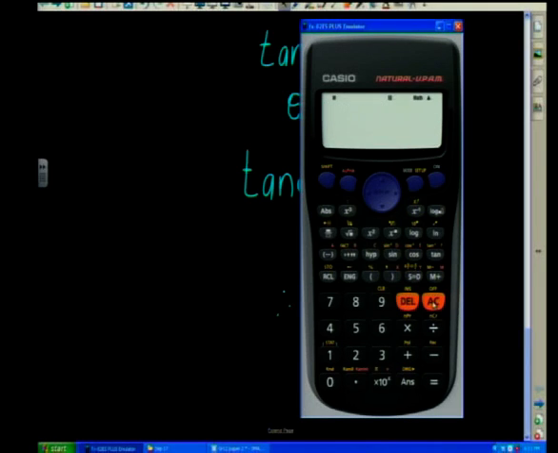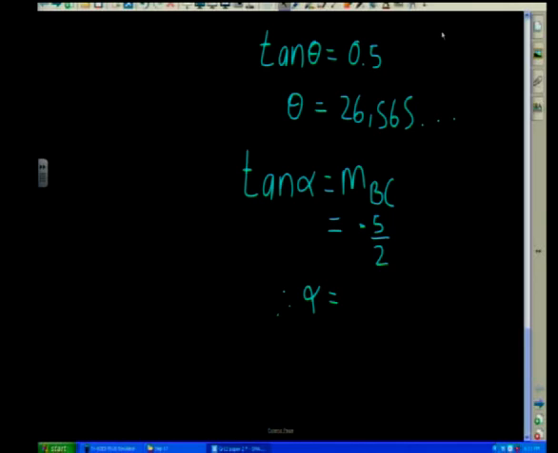Here we're going to go shift once again because we're working out the angle, tan of negative. Okay, we're going to leave the negative out and I'll show you why just now. So we're going to go shift tan of 2,5, and our answer will be 68,198 and a few decimal places.